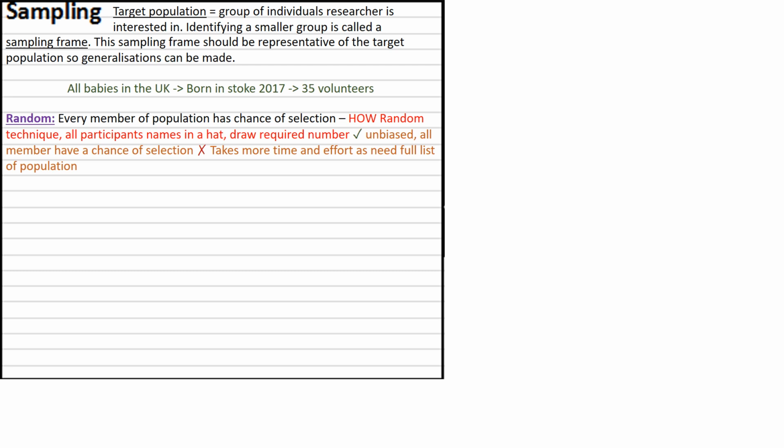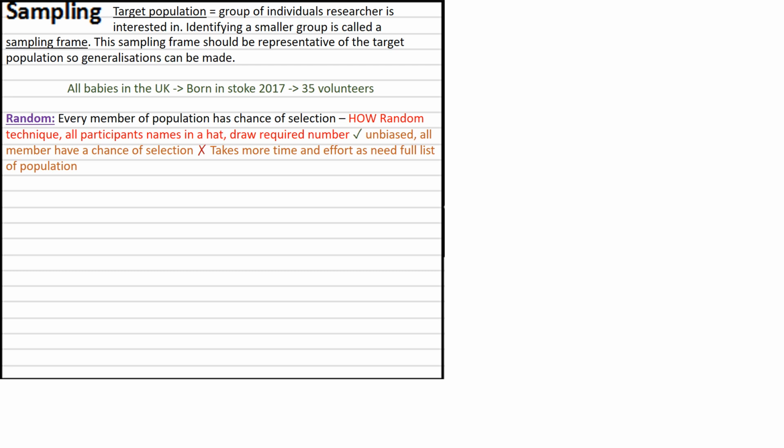But ideally, how you go about this is you would get a list of all the people in your sampling frame. You would place all their names into a hat or container, and then you draw the required number. I've written how in capital letters because quite regularly there is a question of how you would go about getting a sampling frame, how you go about taking a sample.